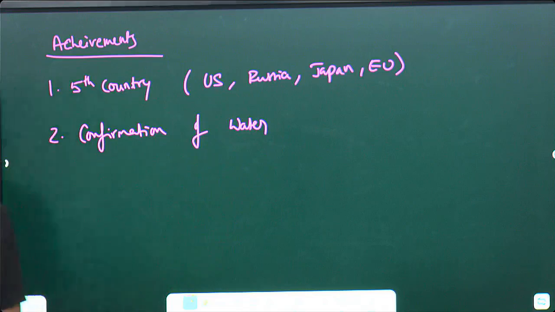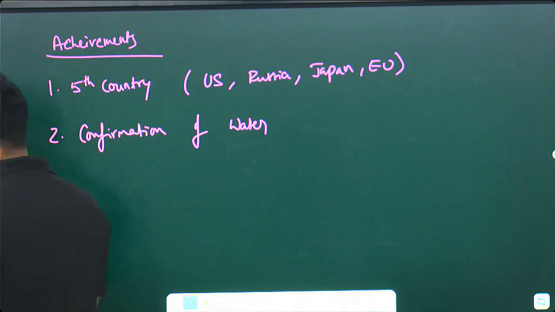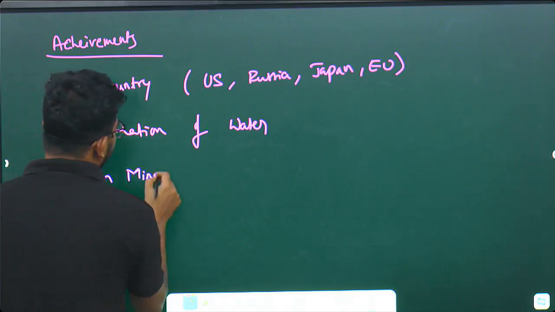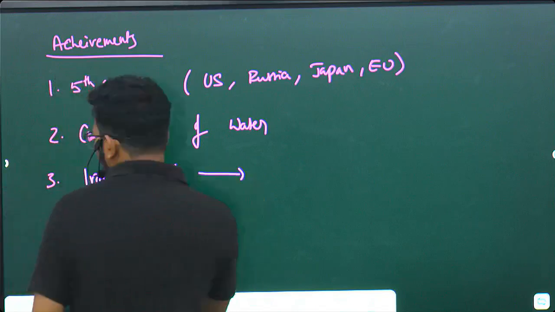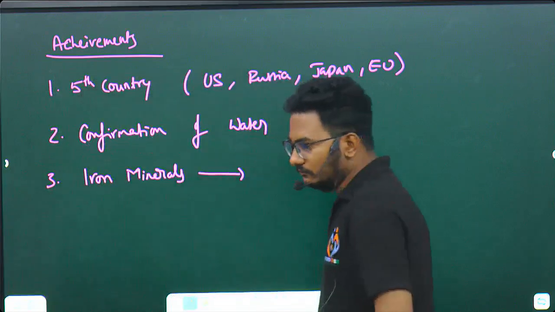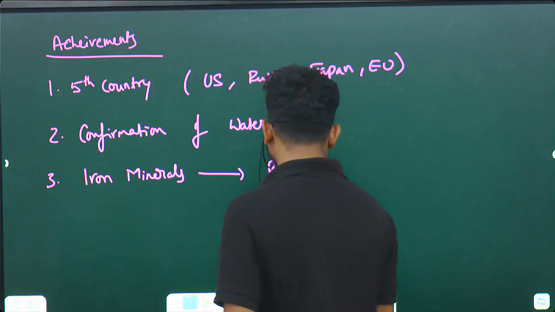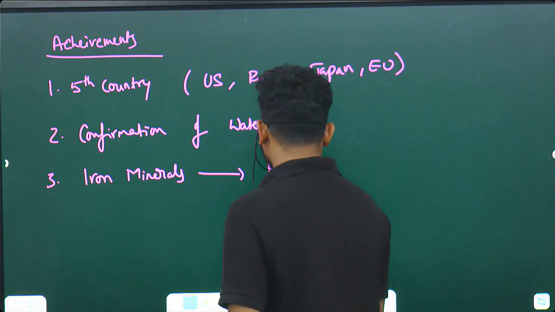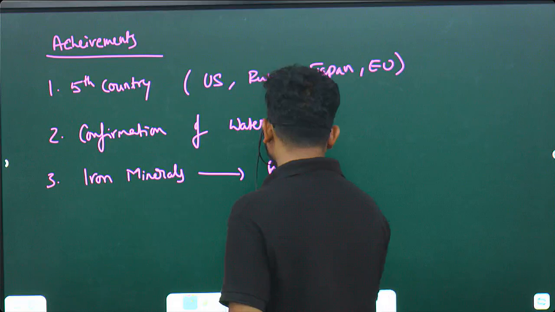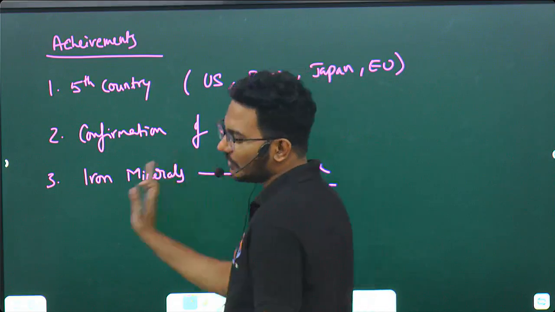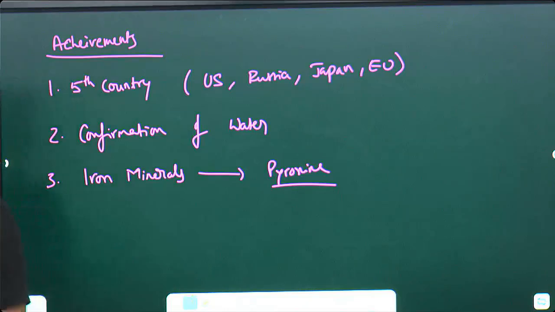And it has confirmed this moon surface has iron minerals, and specifically pyroxene, a type of iron mineral, nothing else.